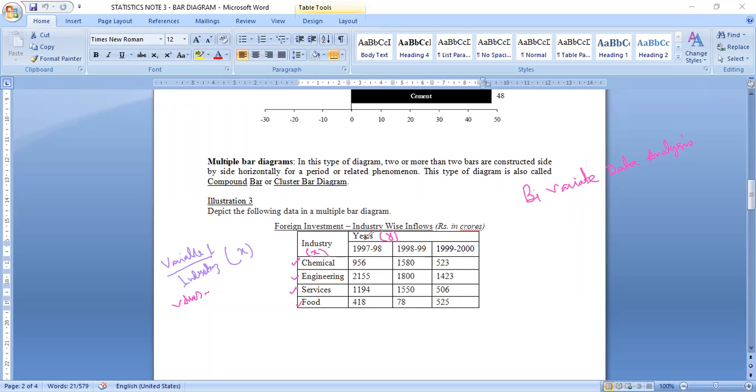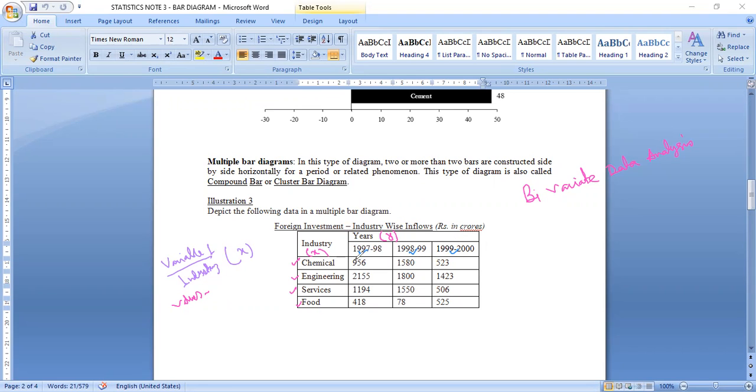Okay. So for Y, the variable has three values: one financial year value, 1997 to 98, another financial year value, 98 to 99, and 99 to 2000 is another financial year value, right?